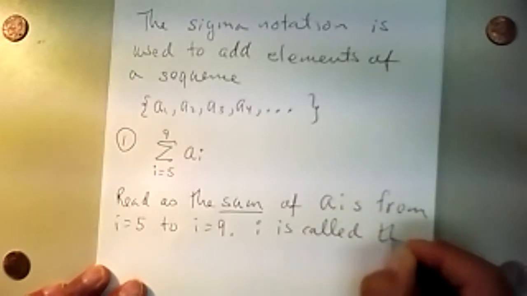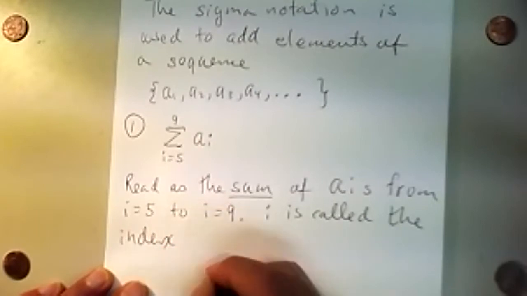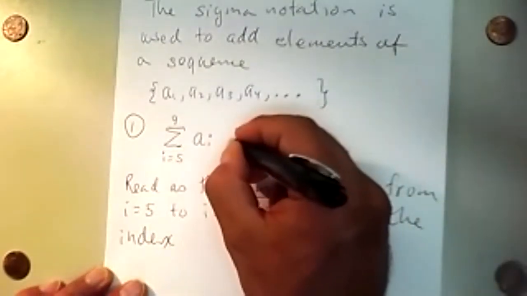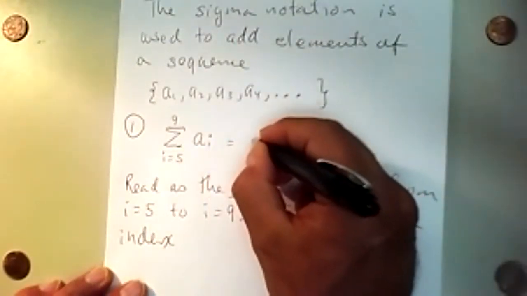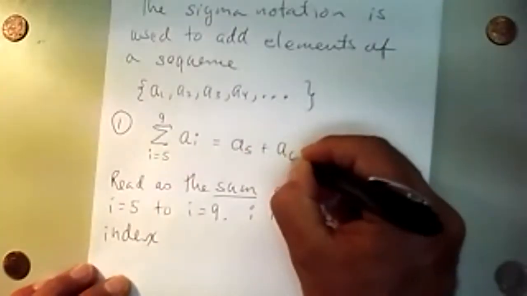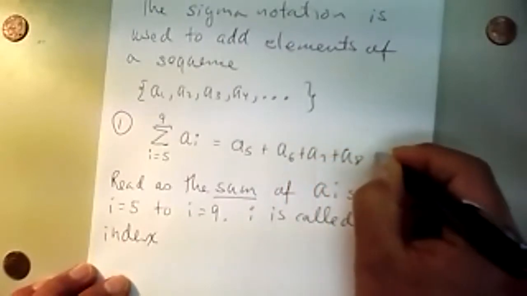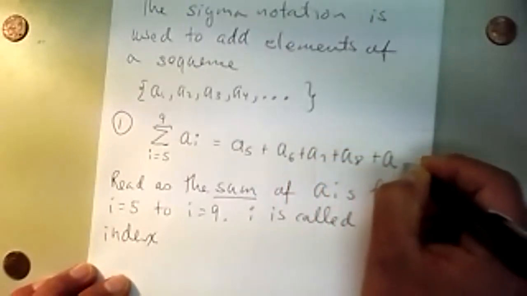In this case, what we mean specifically is A5 plus A6 plus A7 plus A8 plus A9.